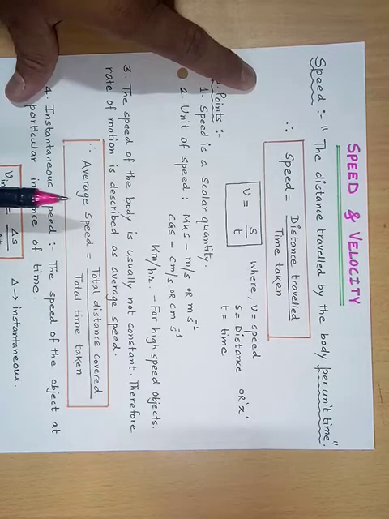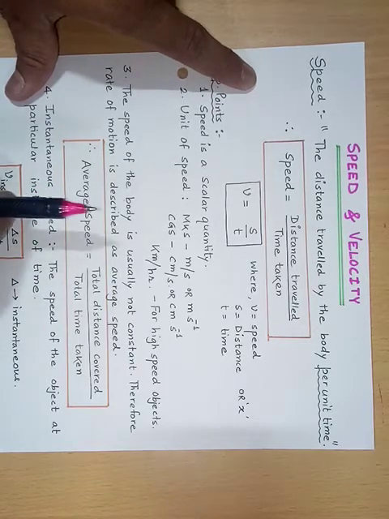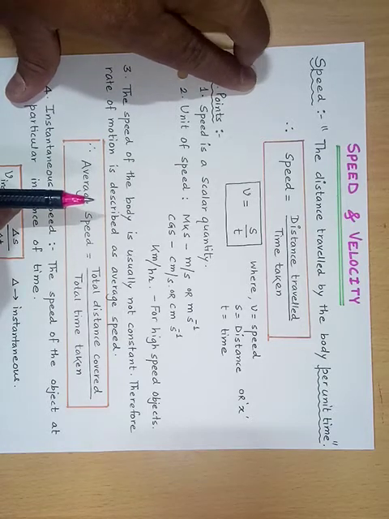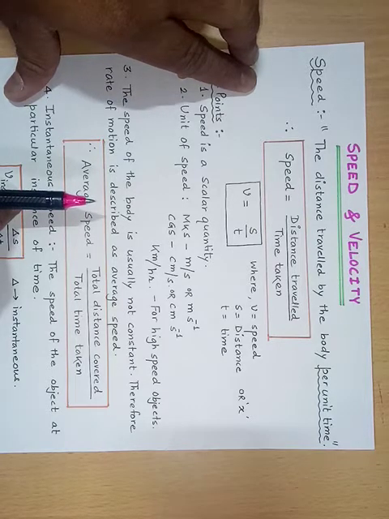Let's take an example. Suppose I want to travel 1000 meters of distance from one point to another point. If I go by walk, then I would take more time, because my speed is less.